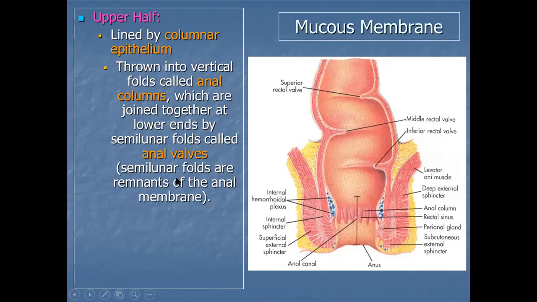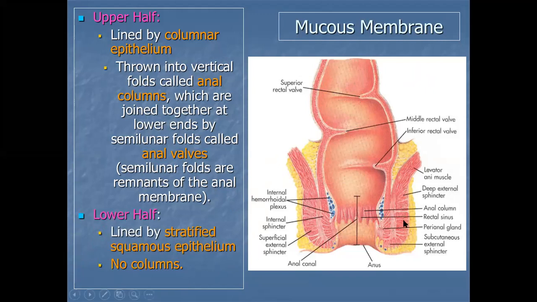These semilunar folds are remnants of the anal membrane, which initially was present, ruptured, and now forms the anal valves.